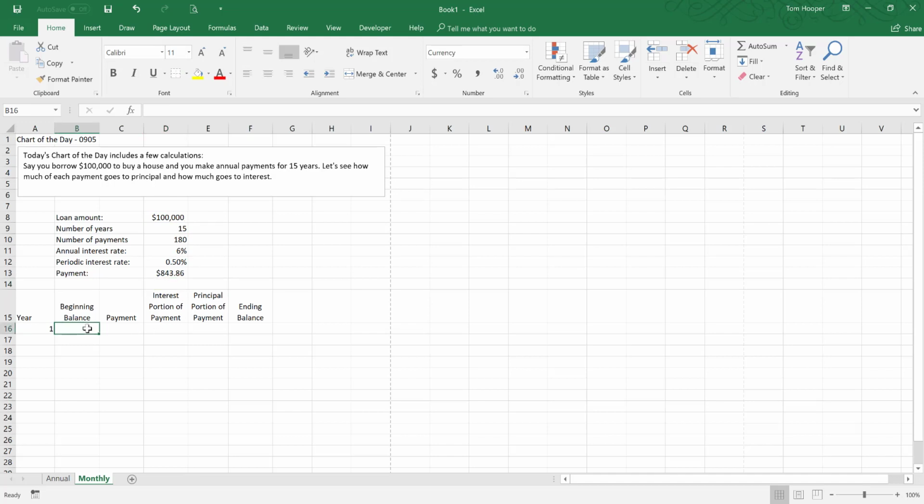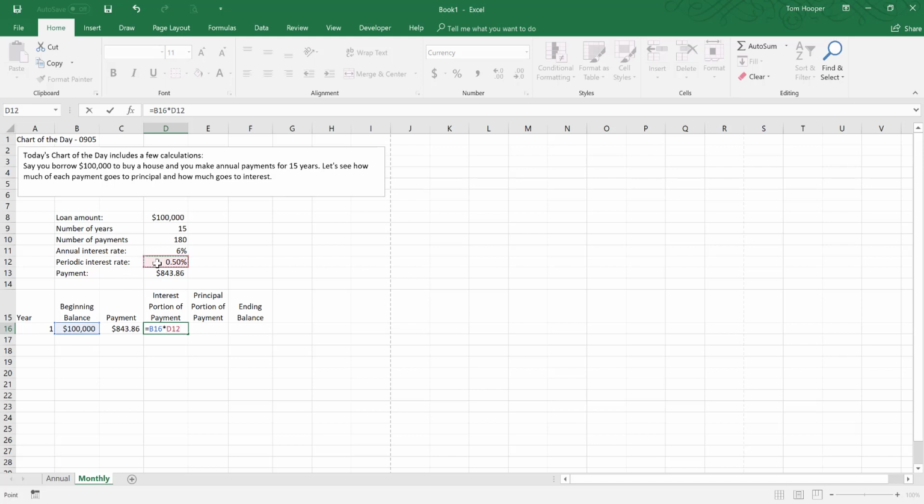So our beginning balance, again, is equal to the loan amount. The payment is equal to the payment we just calculated, and we must make that an absolute reference so we can copy it down. The interest portion of that payment is equal to this period's beginning balance times the periodic interest rate.